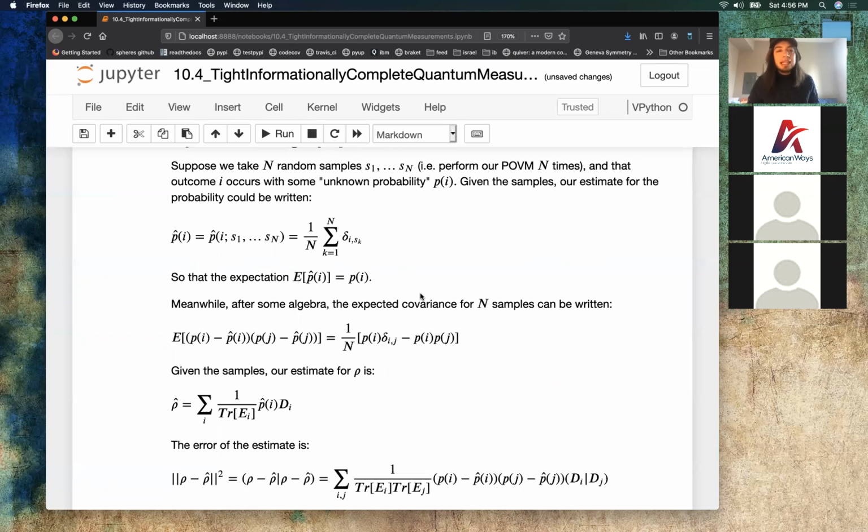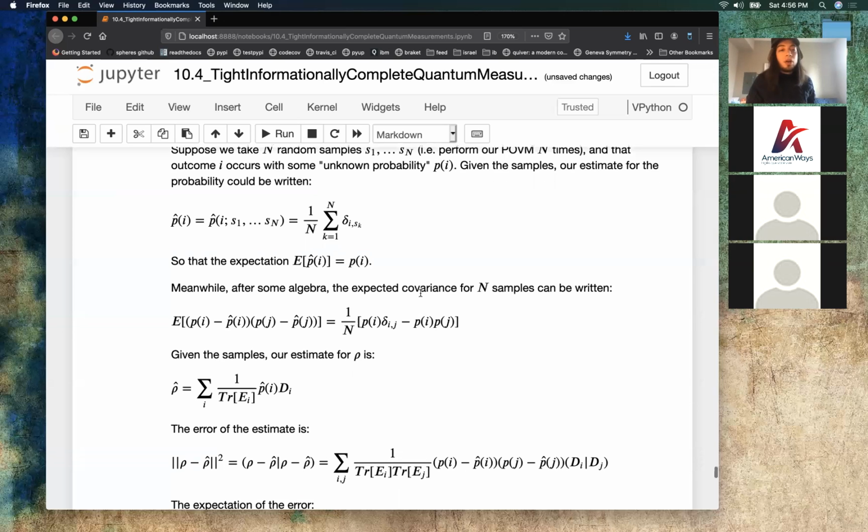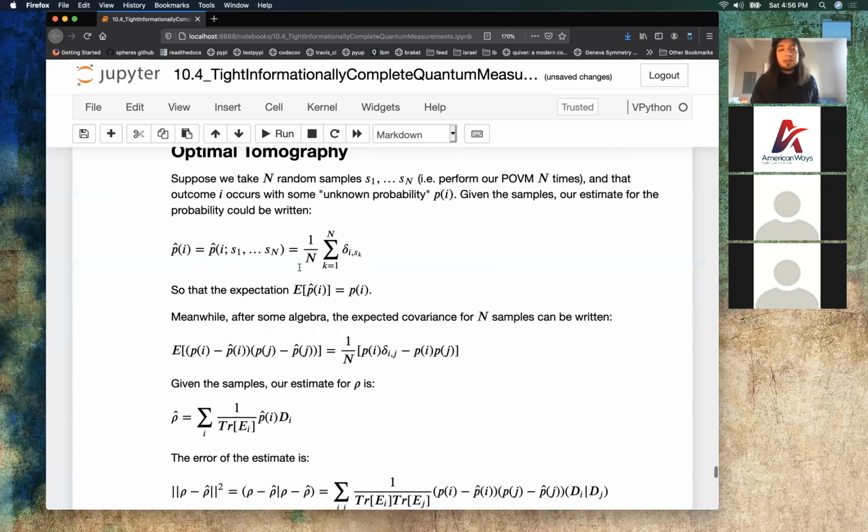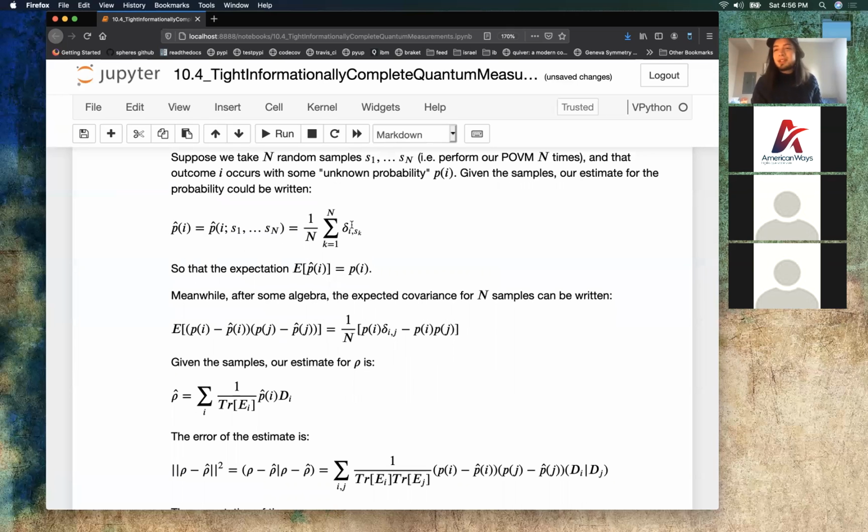but basically, we're going to say do some POVM n times and get a bunch of samples, and we could write our estimate of the probability in this way, which is just annoying looking, with a little delta function, or Kronecker delta.